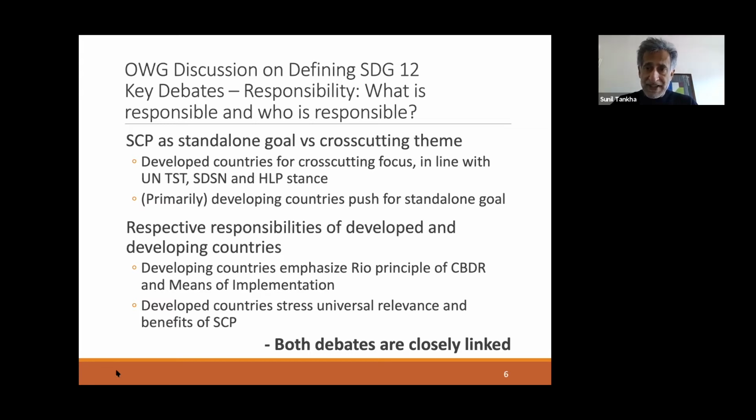Here the issue is very similar to climate change: developing countries have sustainable forms of consumption and production because they're at very low levels of consumption compared to the industrialized world, which is more responsible for unsustainable patterns of production and consumption. So this was a hugely debated issue within the Open Working Group.